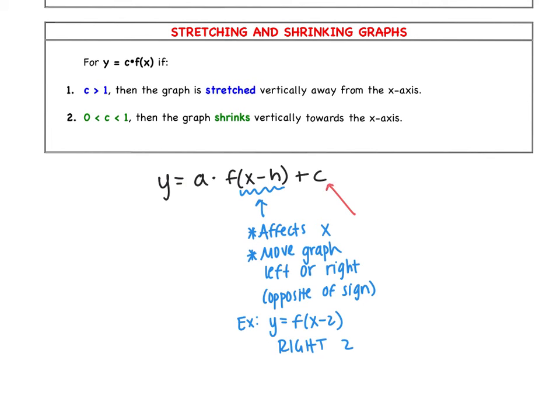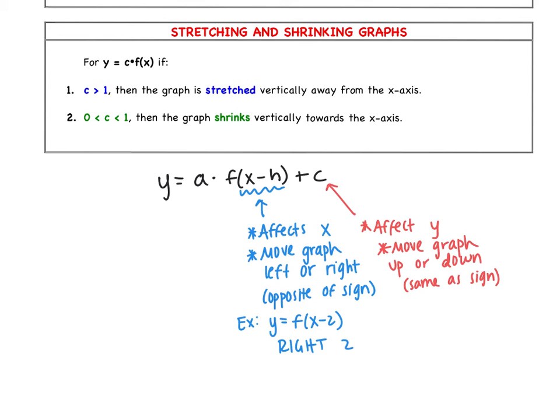This number at the end, outside of the parentheses, so this one is going to affect y. It is going to move the graph up or down. This one, though, is going to be the same as the sign.